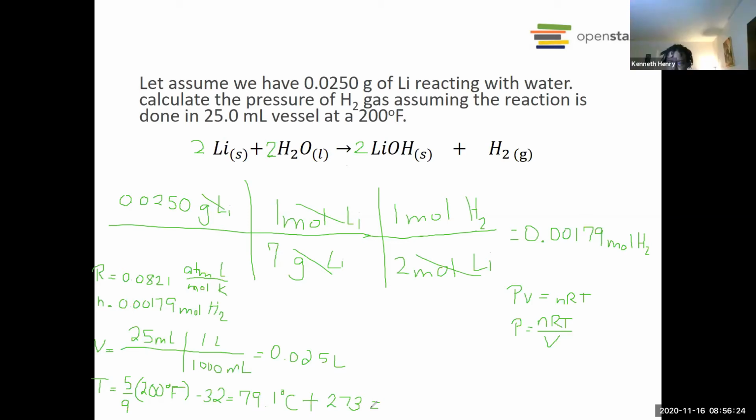Okay. Make sure you said 5 ninths, right? And what did you say you got? Well, because I put the 32 into the parentheses with the 200, I got 93, and then I added the 273.15, and I got 366.